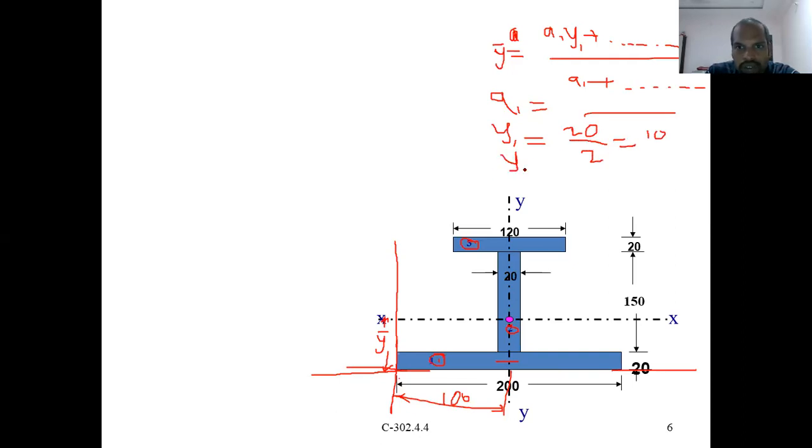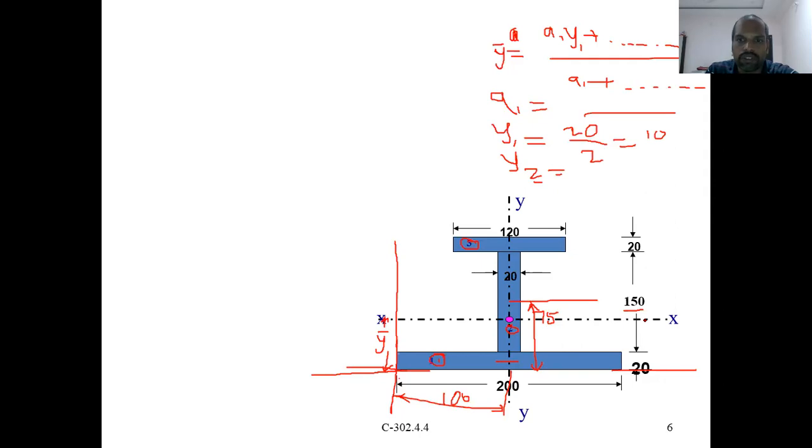Similarly, Y2 is nothing but, 2 refers to figure 2, where the centroid lies. What is the height? Height is 150. The centroid lies at the midpoint, so from here it is 75. From here to here we need, that is nothing but Y2. From here to here it is 75, because it is 150 by 2, where the centroid of a rectangle lies at half distance.